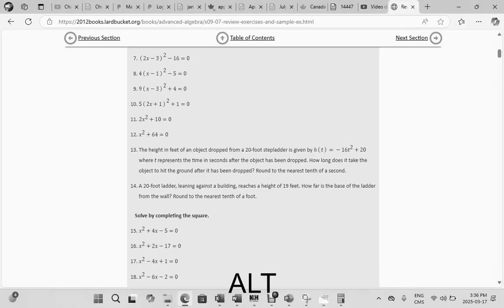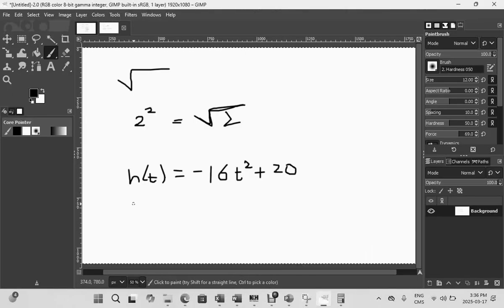If h of t is 0, this will be negative 16t squared plus 20 equals 0, which means negative 16t squared equals negative 20.